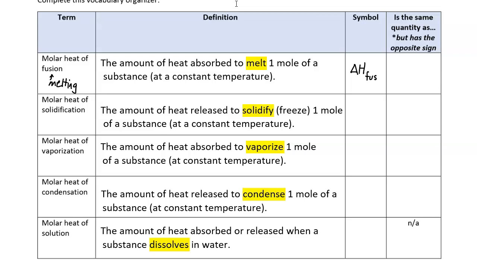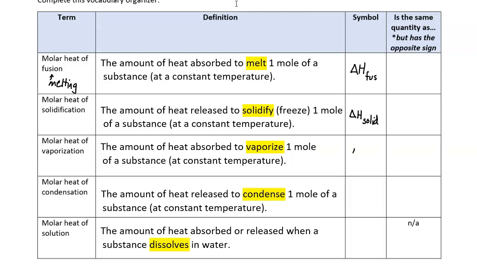So when you see this symbol in writing, it's referring to a number, and the number is the molar heat of fusion, the amount of heat that's absorbed to melt 1 mole of a particular substance. Moving downward, we need the symbol for molar heat of solidification, and it looks like this, delta H, and then as a subscript, solid. It's just an abbreviation for the word solidification.